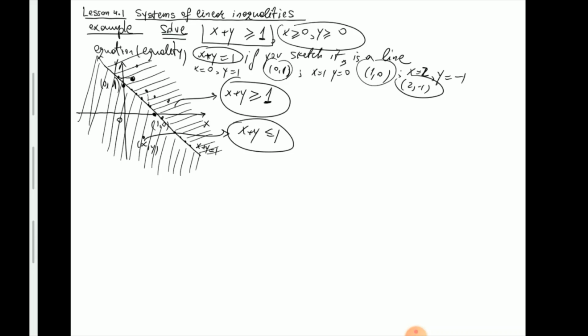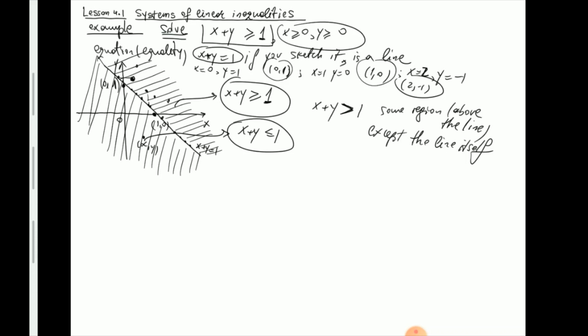If you have strict inequality, it's the same region except the line. So for example, let's say I want to solve x plus y strictly greater than 1. Well, it's the same region, right above the line or to the right of the line, except the line itself, because on the line, remember, it is exactly equal to 1.